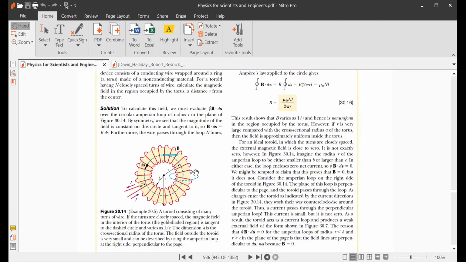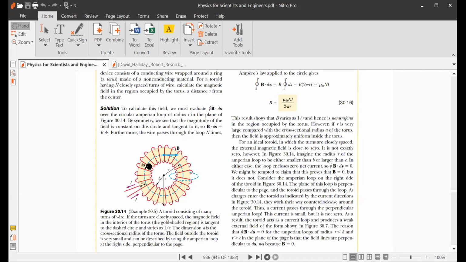Even if in the picture it is not an ideal toroid, the wire is wrapped very tight, so the space between the wire is zero. So there is no magnetic field outside this toroid.